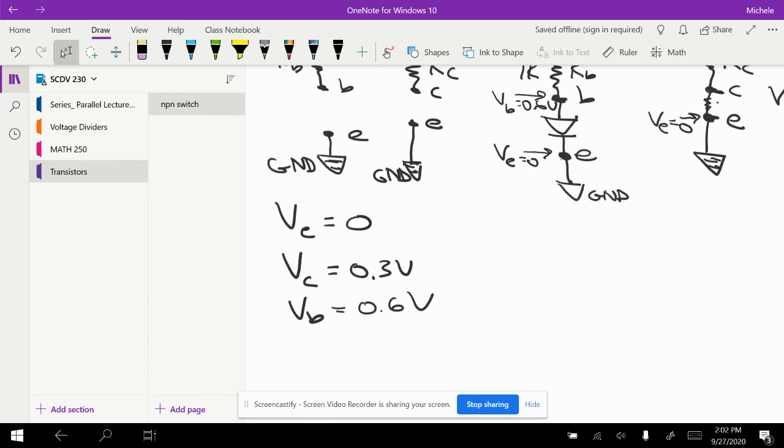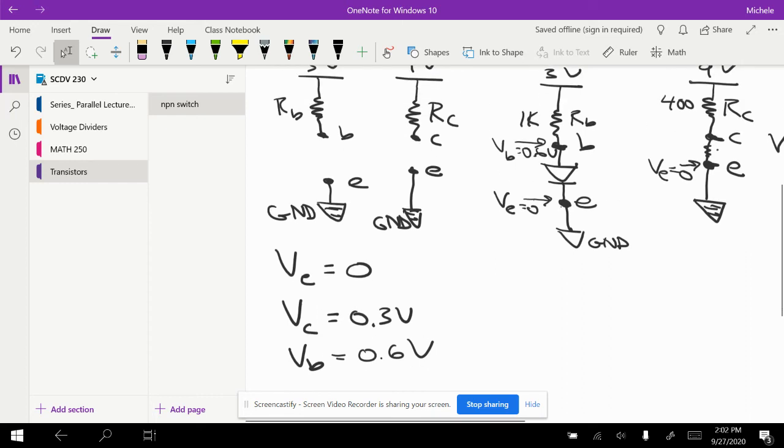Okay, so next we will find what our IB is. IB we know is the 3 volts minus 0.6 volts. So that's taking my voltage here, subtracting what the diode uses, 0.6, and then dividing it by RB.